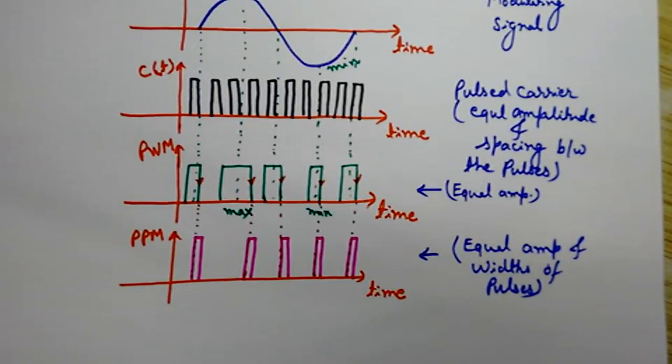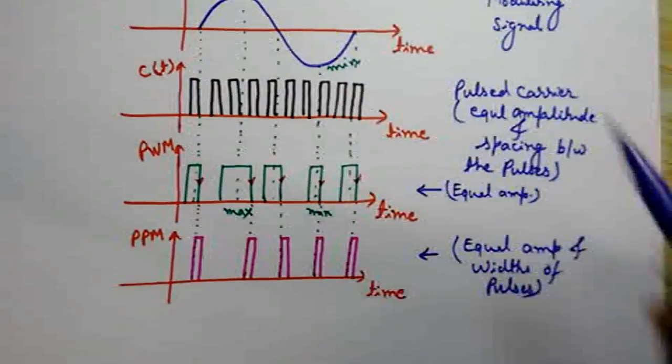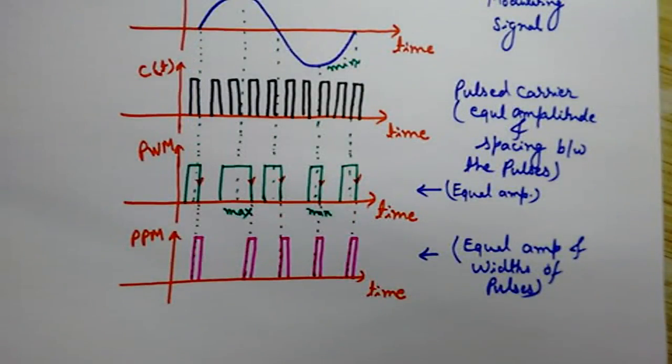You should notice here that the amplitude and widths of each pulse is same, so neither the amplitude nor the width has any information. The information about the modulating signal lies only in the position of the pulses. That's why it is called pulse position modulation.